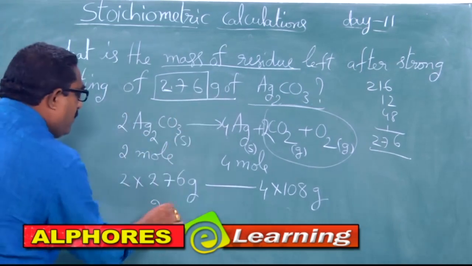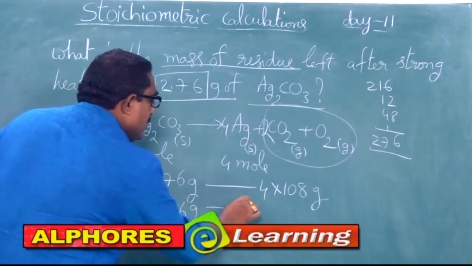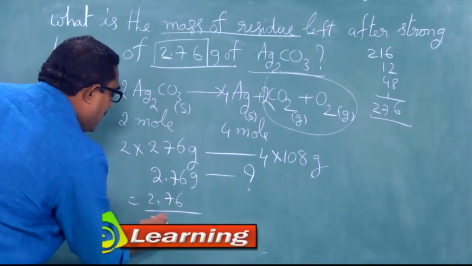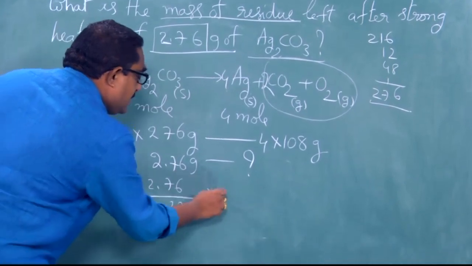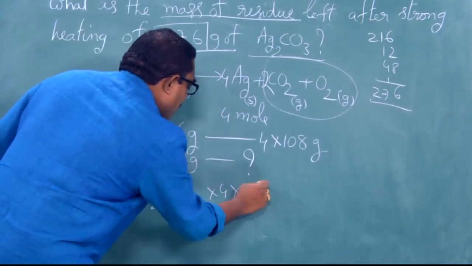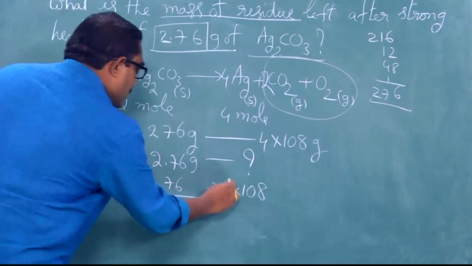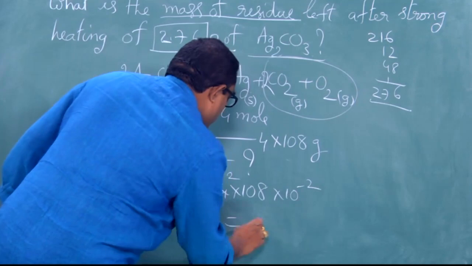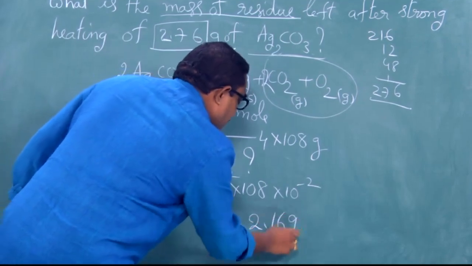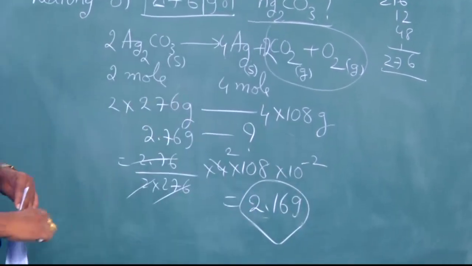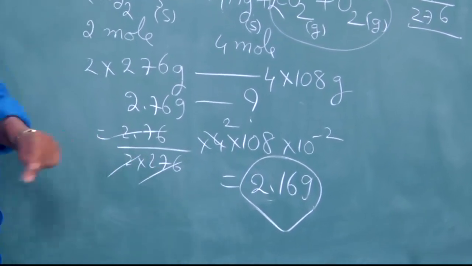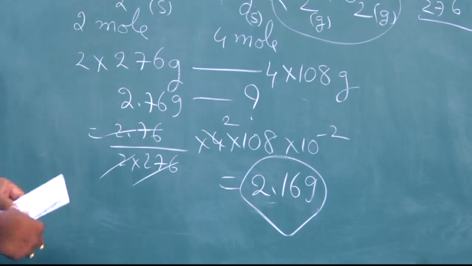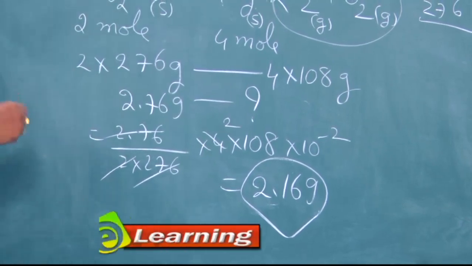So, if 2.76 grams is given to you, how much is left? 2.76 by 2 into 276, into 4 into 108. This is 10 power minus 2. So, our answer is 2.16 grams. No need to do all this; this is 10 power minus 2, half of that. So, simply you can write 2.16 grams. Please note down this, students.